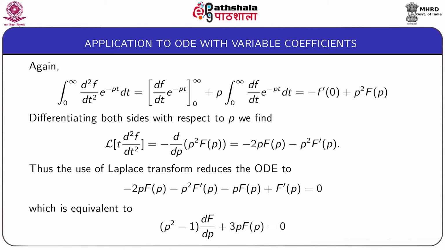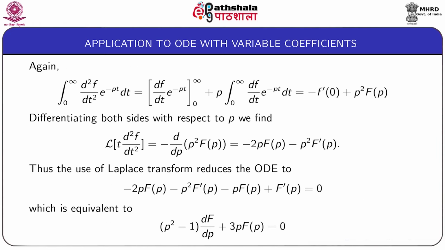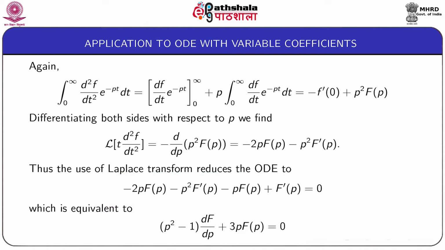Thus, using the Laplace transform of t d2f/dt2, the Laplace transform of df/dt and the Laplace transform of t f(t) in the given differential equation after taking its Laplace transform, we obtain minus twice p F(p) minus p square F dash p minus p F(p) plus F dash p equal to 0, which is equivalent to (p square minus 1) dF/dp minus 3p F(p) equal to 0.